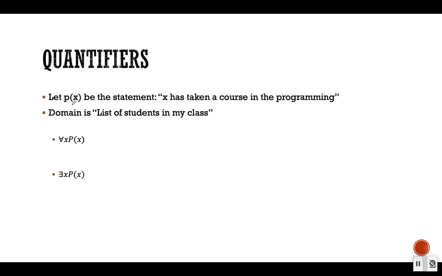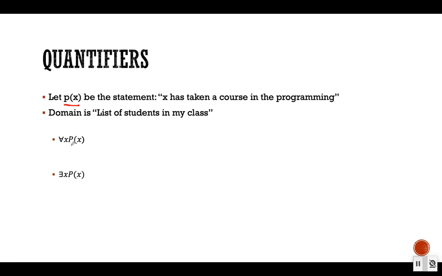For example, here we have a statement P(x), and it represents a statement like x has taken a course in programming. Let's say the domain is the list of students in my class. What does that mean? How can I read that?